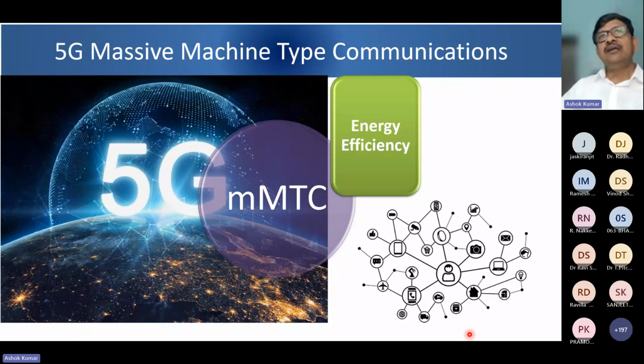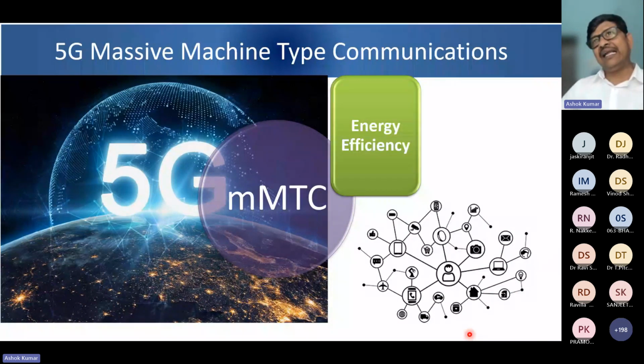So basically, these sensors will be installed in remote areas. Suppose there is a sensor which can predict some disaster, so that will be installed in a remote hilly area. Sensors would be installed in, say, a forest area to detect fire and take some action. These sensors will be powered by battery, and I'll not have the opportunity to recharge or replace the battery, being in a remote area, and they will be large in number.